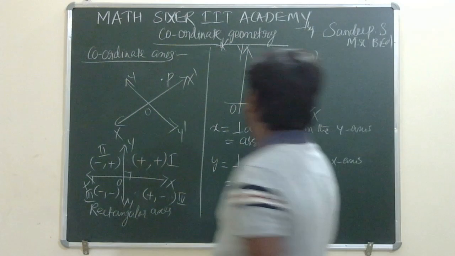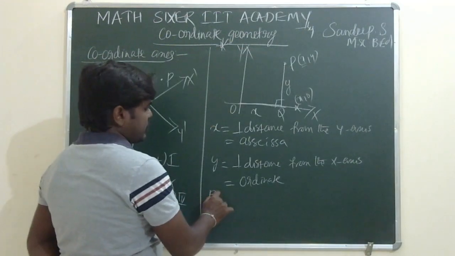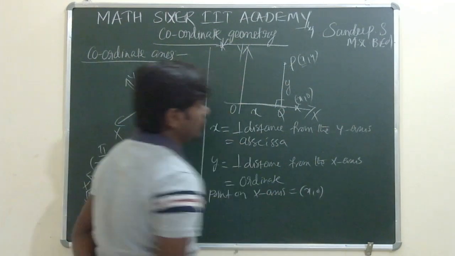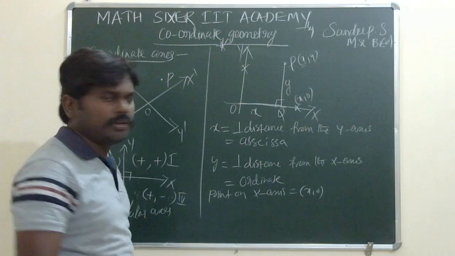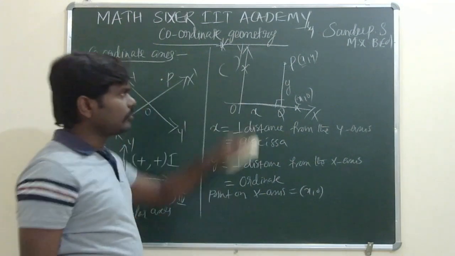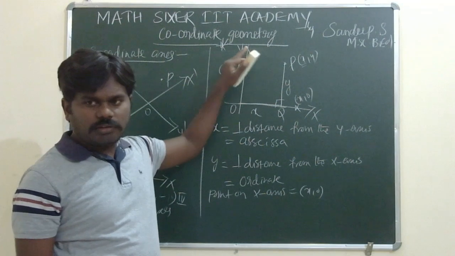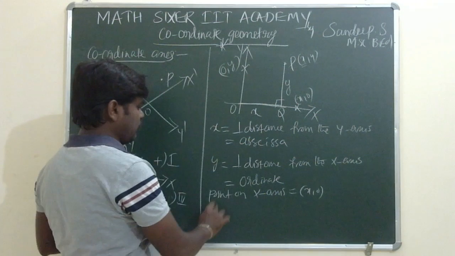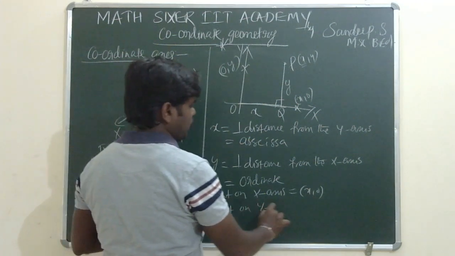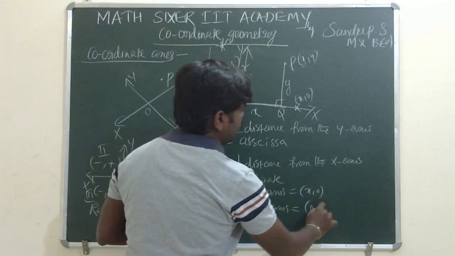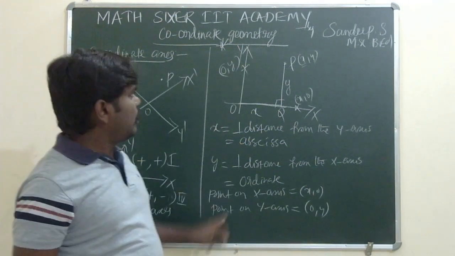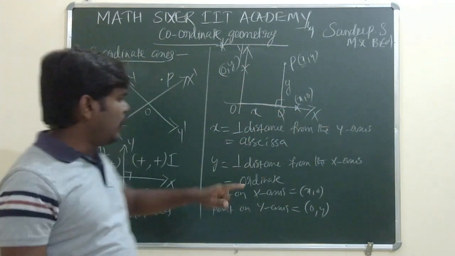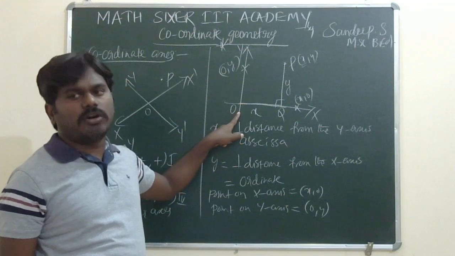That means a point on the x axis is (x, 0), and a point on the y axis, there is no perpendicular distance from the y axis to itself, so it is 0. That means (0, y). So a point on the y axis is (0, y). That means on the y axis the abscissa is 0, and on the x axis the ordinate is 0. So abscissa and ordinate are both 0 at the origin.